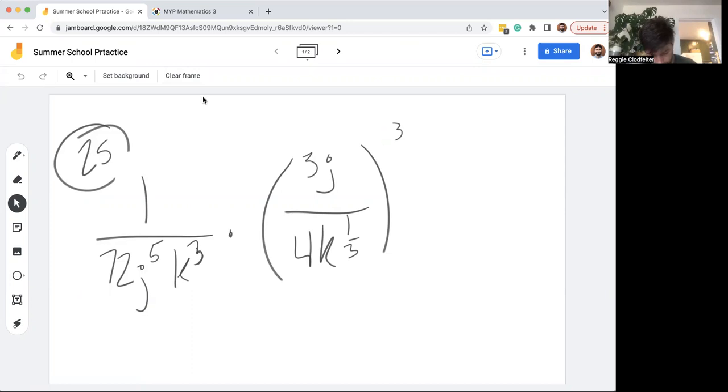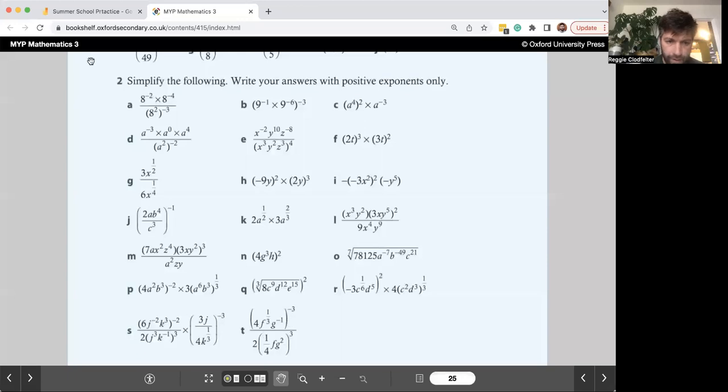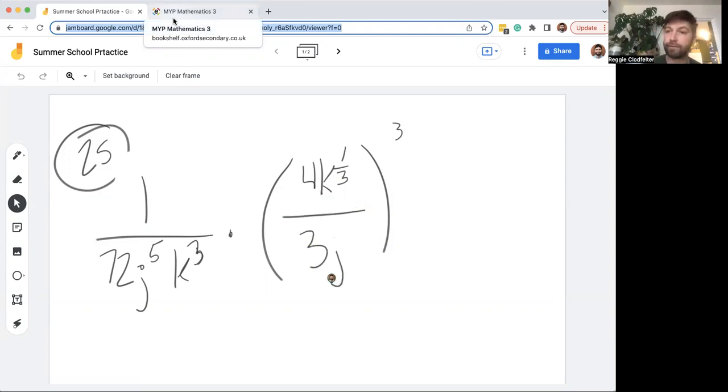4k to the 1/3 is going to be on the numerator. My denominator will be 3j. And my exponent is positive. Now I'm going to apply my exponent to both the numerator and the denominator.